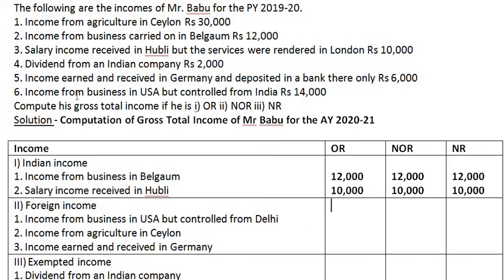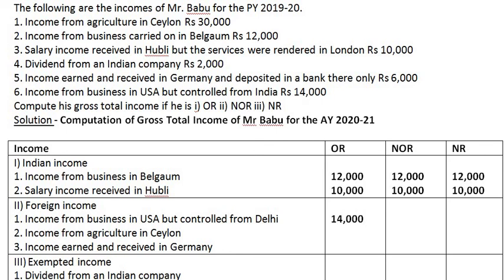Sixth point you check, income from business in USA but controlled from India. Any business income which is earned in a foreign country but the business is controlled or managed from India is a foreign income which is taxed in 2 columns, and the amount of the same is 14,000.